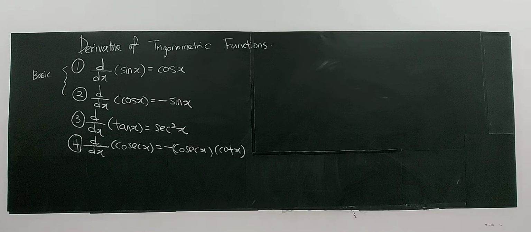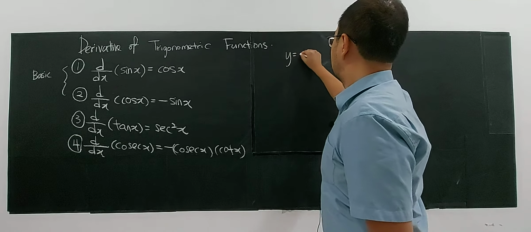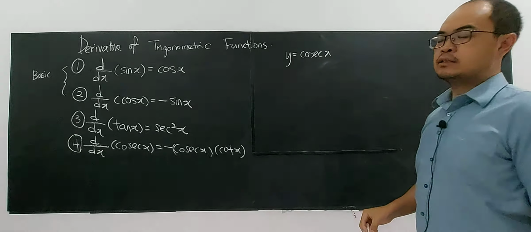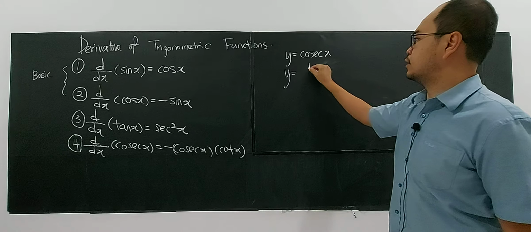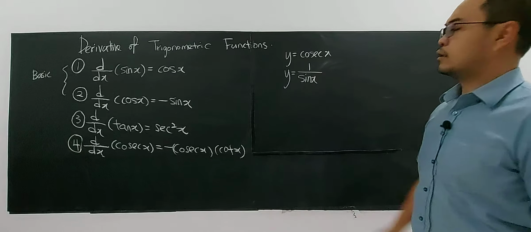So if I have y equals cosecant x, you know that cosecant x is 1 over sine x.